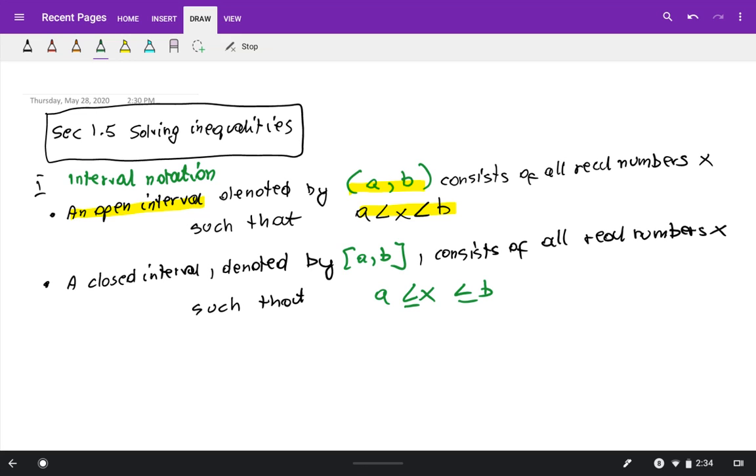So it's similar to the open interval, but in this case we have closed intervals, so we include a and b right here. In the previous one we were not including a and b.